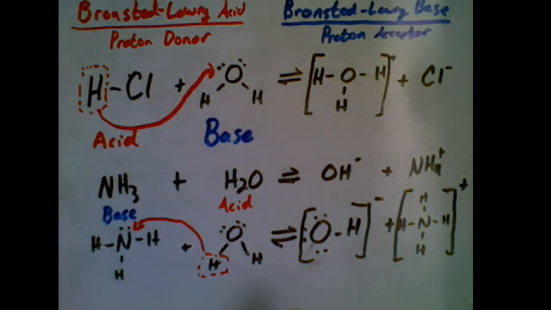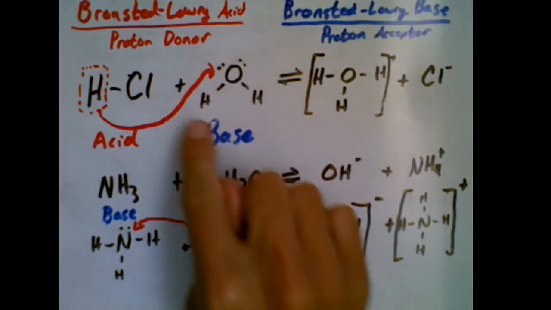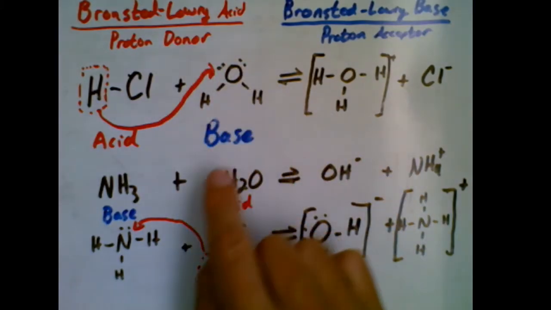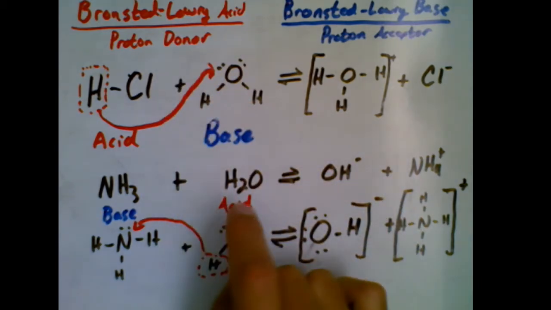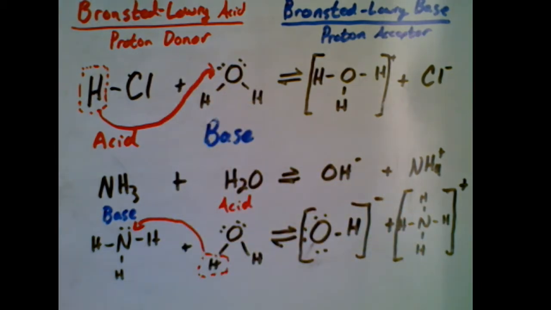I hope there's also something else you noticed, is that in this reaction, water was a base in our first reaction and an acid in our second reaction. And so the Bronsted-Lowry acid and base actually opens the idea to what we call an amphoteric substance.